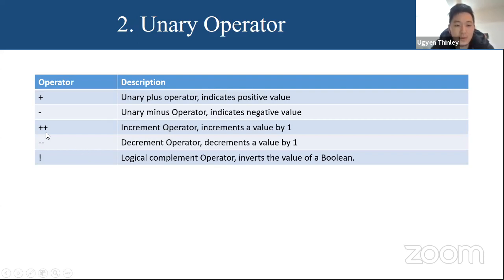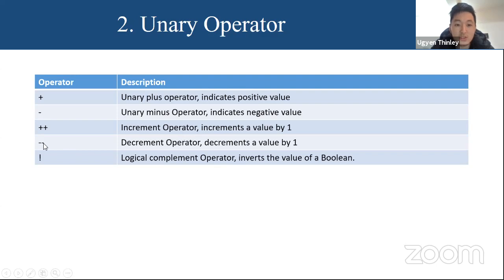When you have plus plus, it's an increment operator. That means the operand gets incremented by a value 1. I will try to get in depth in a practical. So just try to understand what this plus plus, minus minus, and this logical complement operator mean. Plus plus means you increment an operand by 1.